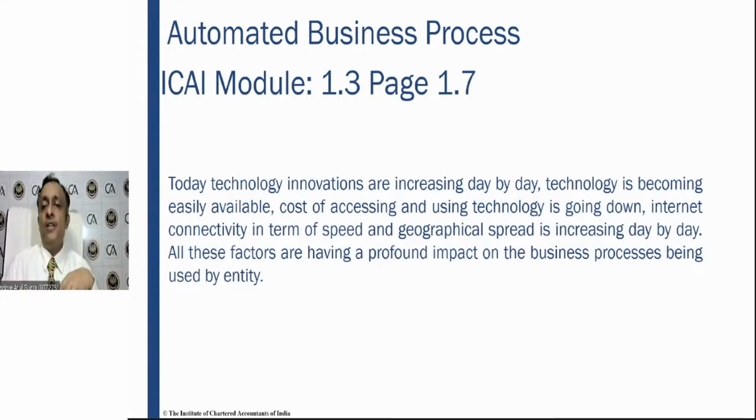Today, technology innovations are increasing day by day. Technology is becoming easily available. The cost of accessing and using technology is going down. In fact, during all the geopolitical things going on across the world, this issue has come up that our UPI payment system is being sought out by the world, asking how you are doing such a digital thing.